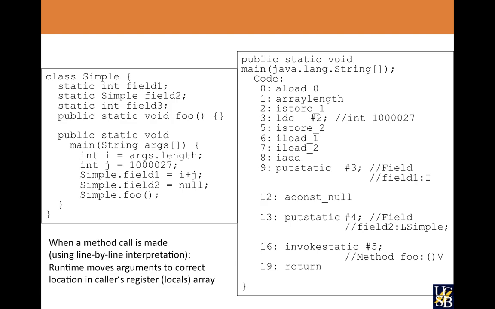When a method call is made, if we're using interpretation, which is line-by-line execution of bytecode, the runtime moves the arguments to the correct location in the caller's registers in its local variable array so that the target method can be invoked with the arguments that are passed in.